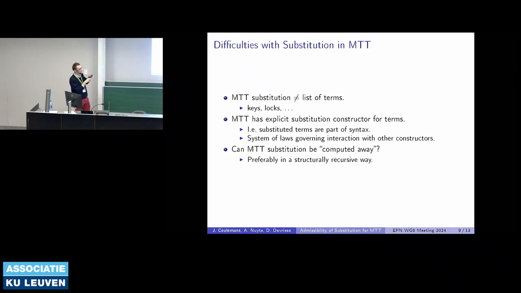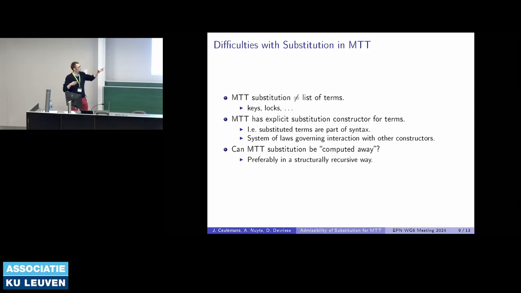We have keys, we have these locks, etc. Furthermore, MTT has explicit substitution, so it has an explicit constructor for applying a substitution to a term, and then it has a bunch of definitional equalities that say how these explicitly substituted terms interact with other term formers. So a priori, it's not at all clear that we can compute all these substitutions away, that every term in MTT that has some explicit substitutions is definitionally equal to a term without any substitutions. So the question is: is this the case?